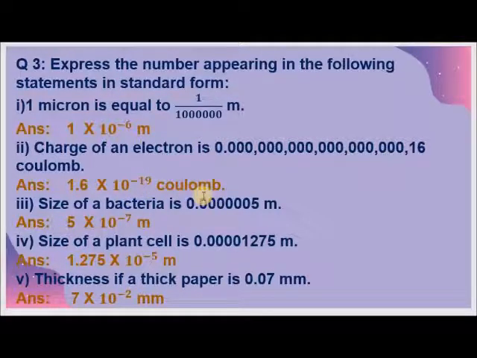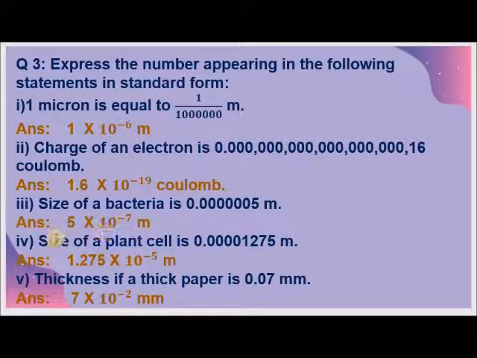Then the third part is the size of a bacteria, which is 0.00000005 meter. To write it in standard form we have to put the decimal after 5, so we count the digits from this decimal point till 5. These are 7, so we can write it as 5 into 10 raised to the power minus 7 meter.